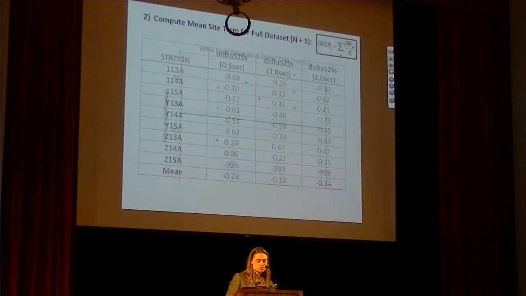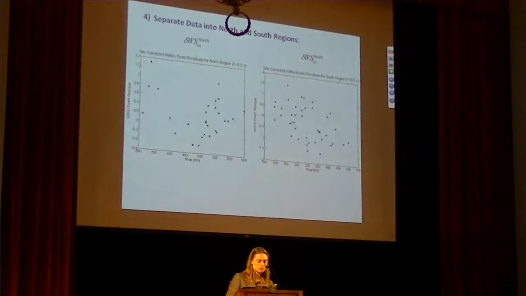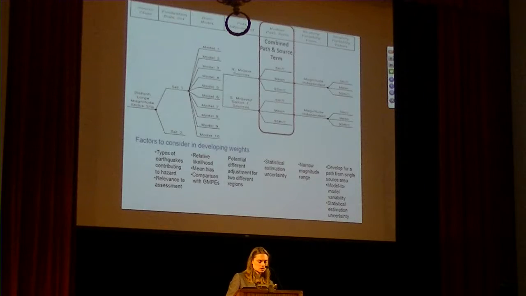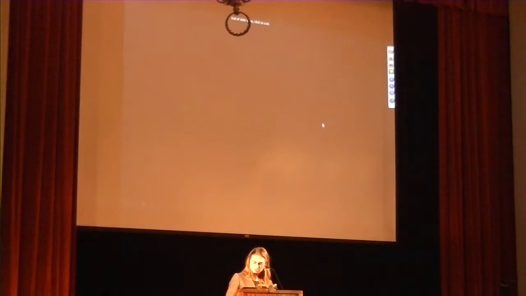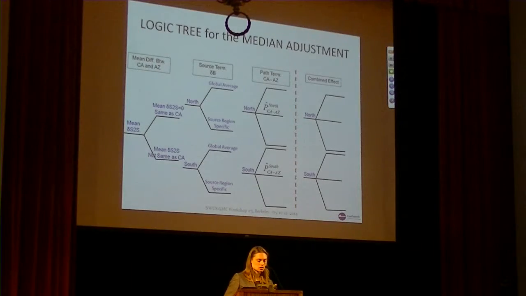Okay. I guess I'll just put up the logic tree and how we've broken down that branch that Bob showed. In the logic tree that he showed this morning, this is the combined path and source terms. We've combined all these effects into one branch of the logic tree. So this is basically what goes into this combined branch. Then this is our mean delta S2S, the average now of all 9 stations on this first branch.